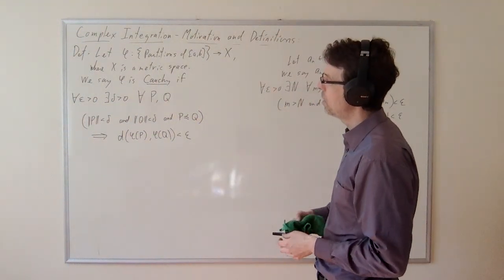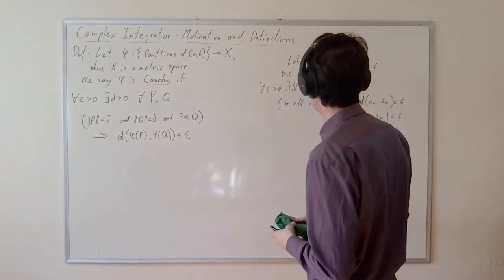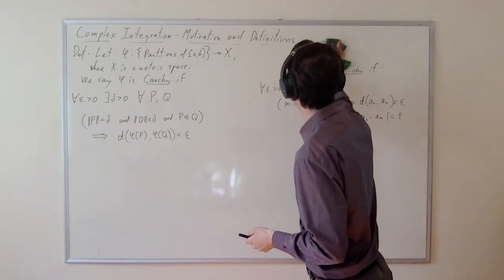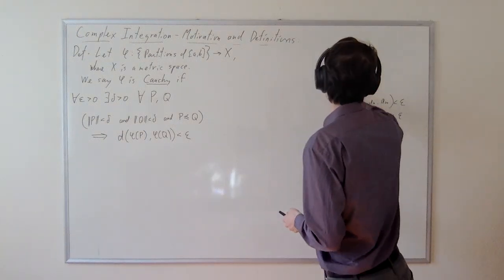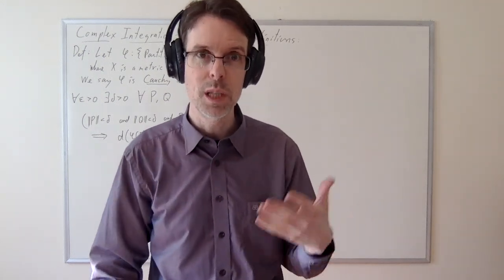So that's actually two statements. It's an if and only if. Convergent implies Cauchy and vice versa. Just like in the case of sequences, one of them is really easy, and really for the same reason. Honestly, this is all part of a slightly more general theory that I don't think it's productive in a complex analysis course to go into too deeply.